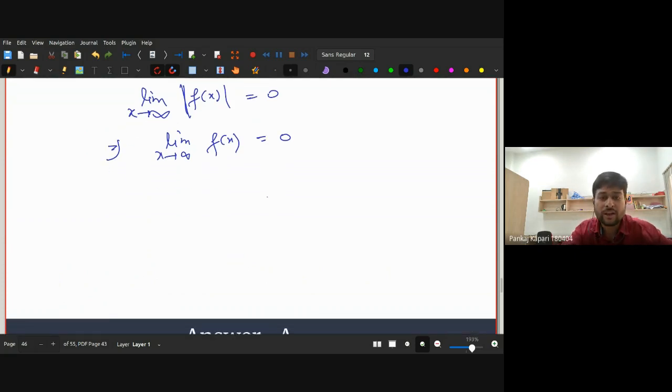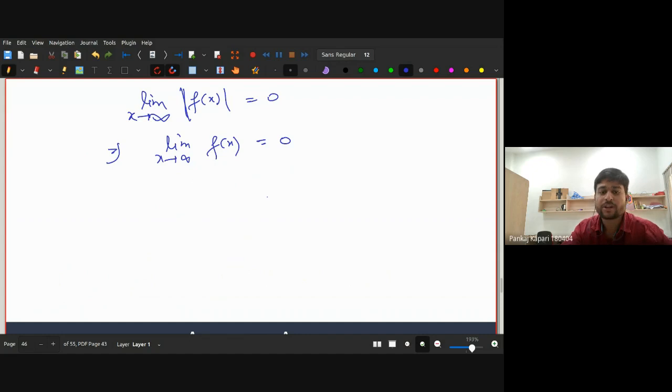This is a property of limits: if the modulus of the function goes to 0, then the function itself goes to 0. This implication is true only when the value of the limit is 0. It will not work for any non-zero value of the limit.